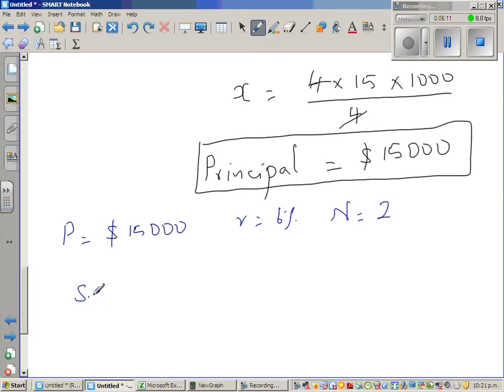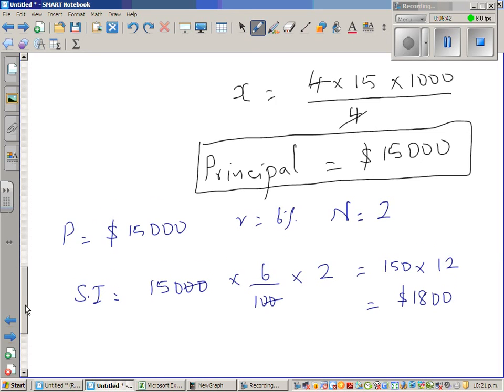Your simple interest is 15,000 times 6 over 100 for 1 year, times 2. 15 times 6 is 90, so this is 150 times 12, and 15 times 12 is 180. So it's $1,800 you get as simple interest.